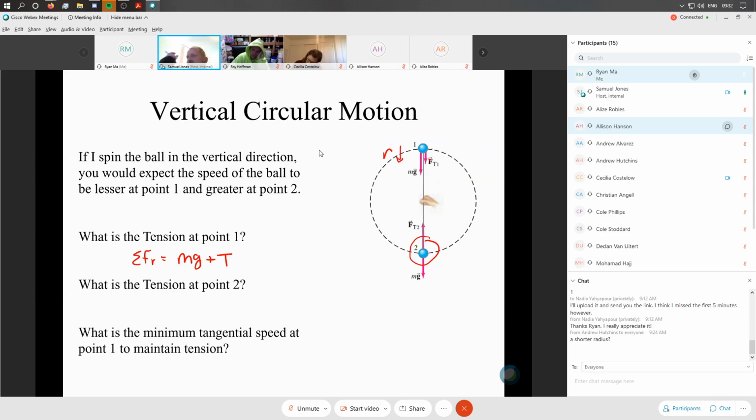Newton's second law says that the net force acting in the r direction is going to be equal to mass times acceleration in the r direction. Does that make sense? Yeah, I see now. Okay, what is acceleration in the r direction? Well, because it's going in a circle, we know that acceleration in the r direction must be v squared over r.